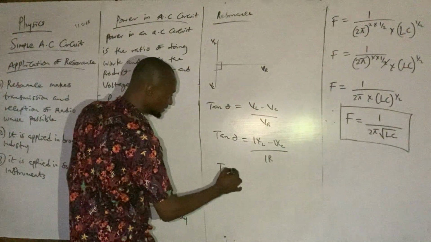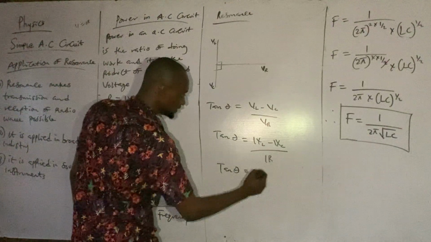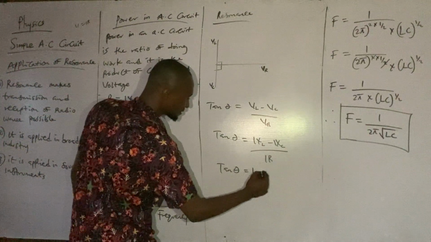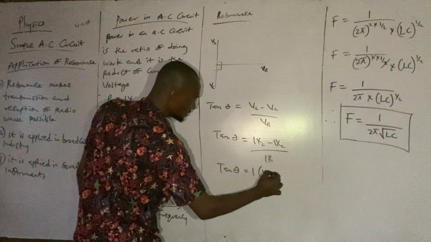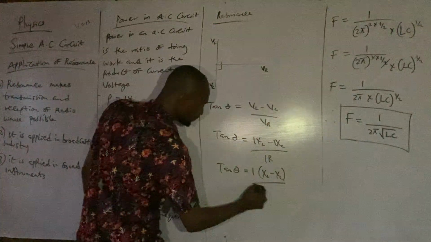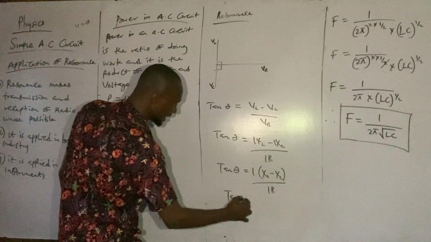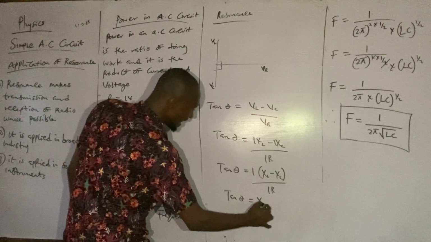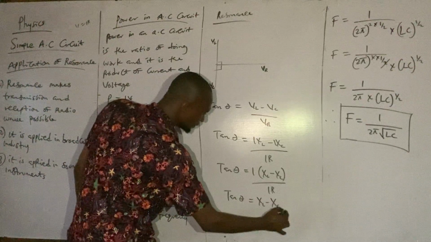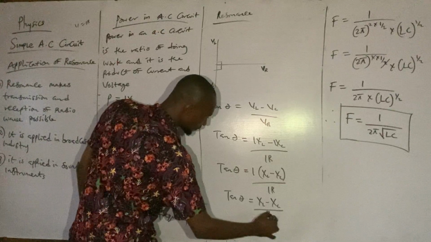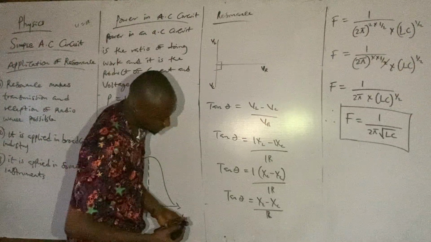The common factor here is I. So tan theta is equal to I into bracket XL minus XC over IR. So I will cancel out so that we have tan theta equals XL minus XC over R.